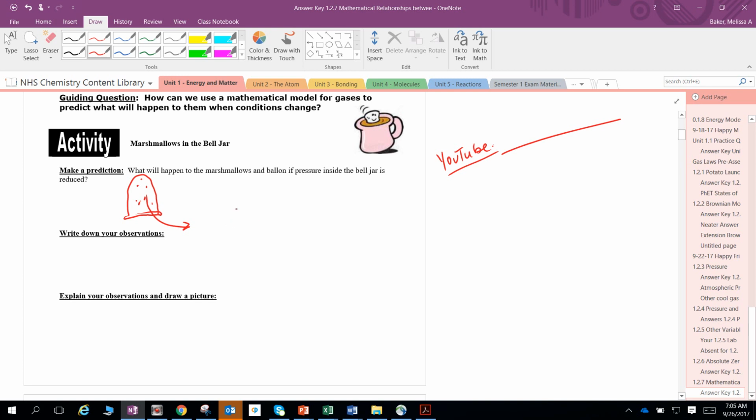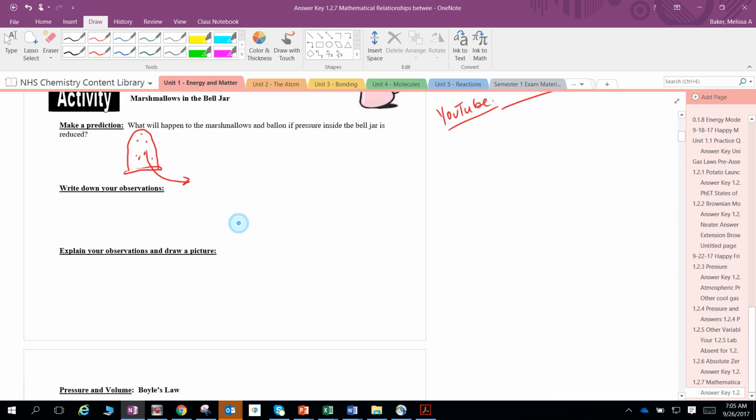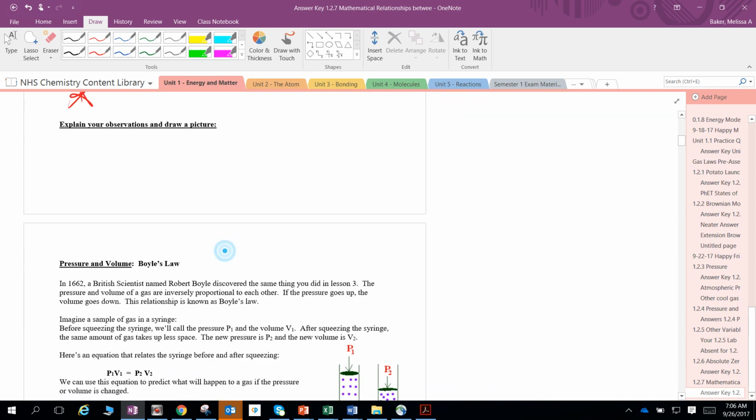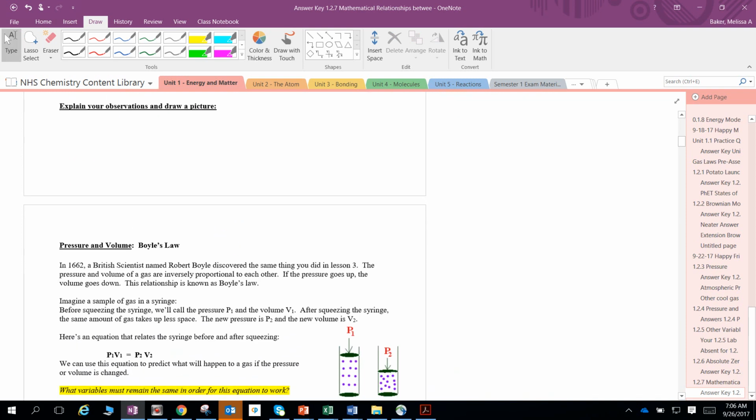It's not perfect, but there are much fewer gas particles. So what's going to happen to something that's in there if you remove the gas particles? So actually click over on that YouTube, pause this video, watch it after you've made your prediction, write down your observations, and then let's talk about it.